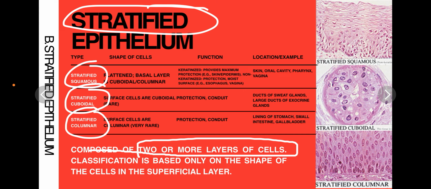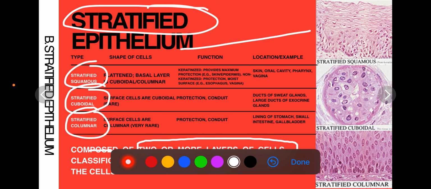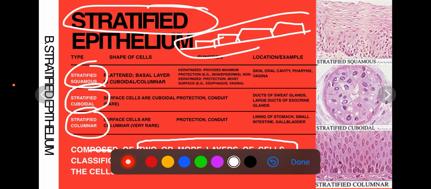The question is, how can we name them? There we have one basement membrane and one layer of cells, right? They are like this almost. So we know this type. But here, as you see in these images, we have all this scale of layers, okay? Also here you can see all this. So there are two or more layers of cells. How can you name these?